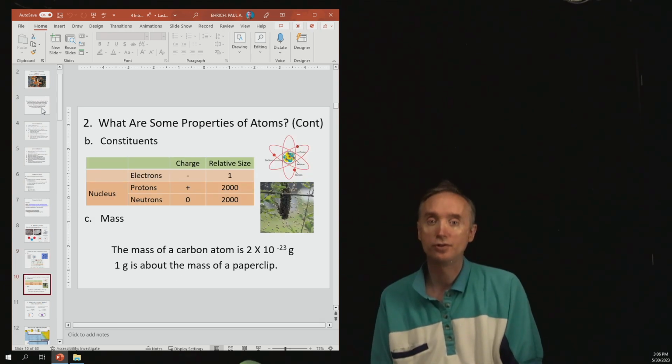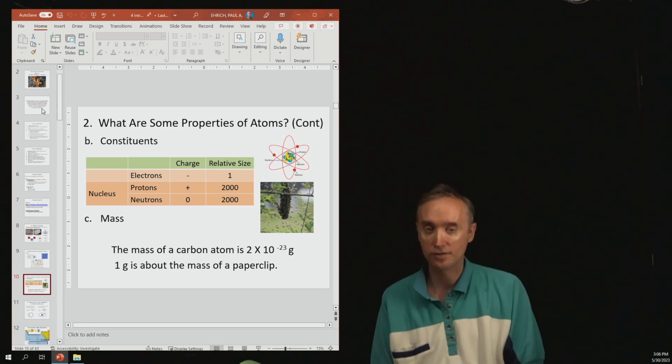You should know the constituents of the atom, that it's composed of a nucleus, which has in it protons and neutrons, and then it has electrons in orbit around it. You should also know that electrons are negative in charge, protons are positive in charge, neutrons are neutral, and you should notice that protons and neutrons are much, much bigger than electrons.